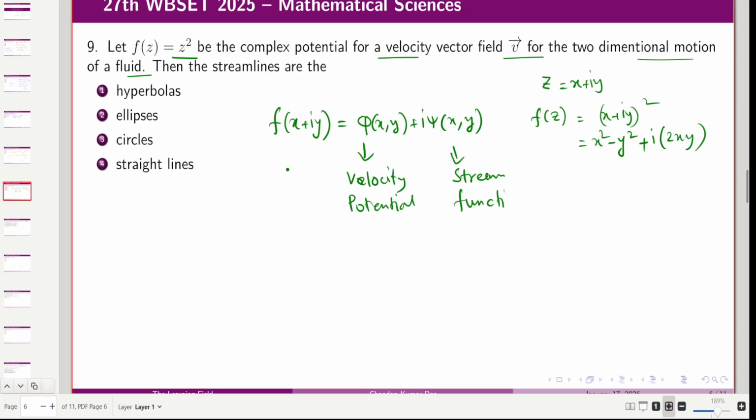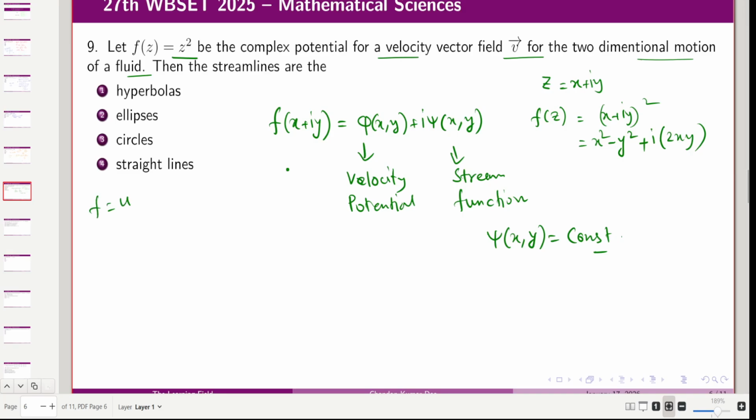The standard result from the basics of fluid mechanics says that psi(x,y) equals a constant. Now how does this come about?